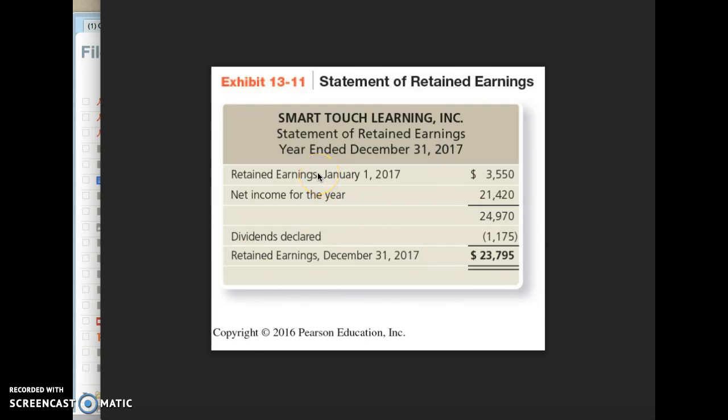Retained earnings, again, the profits of the business, is your beginning balance plus how much you earn over that next period minus dividends actually given out. Remember that dividends come from profits, so they have to reduce retained earnings at some point when you close some of those accounts against retained earnings. So that's what this is reflecting here. And at the end, you have ending retained earnings.